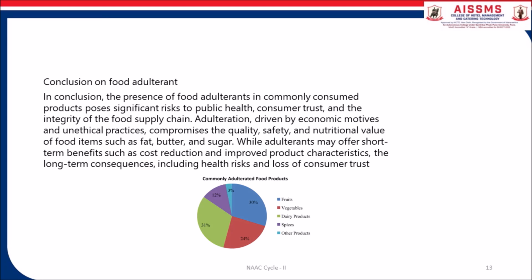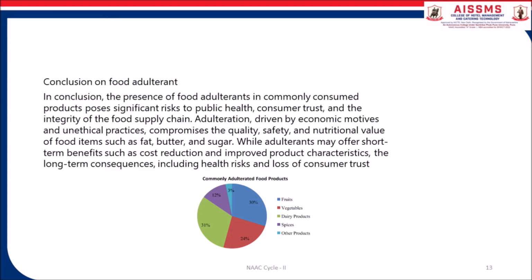Efforts to combat food adulteration require collaborative action from various stakeholders, including government agencies like FSSAI, regulatory bodies, industry players and consumers. Regulatory framework and enforcement against adulteration, ensuring compliance with safety and quality standards.